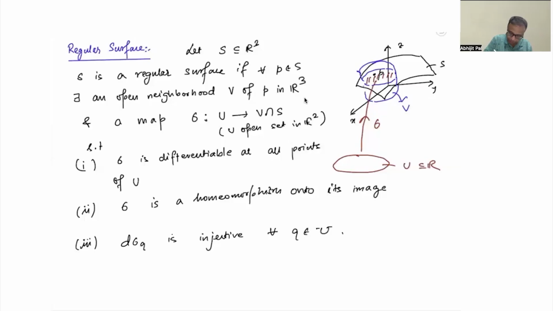Now let me define what we mean by a surface patch. The pair U, sigma is called a surface patch.